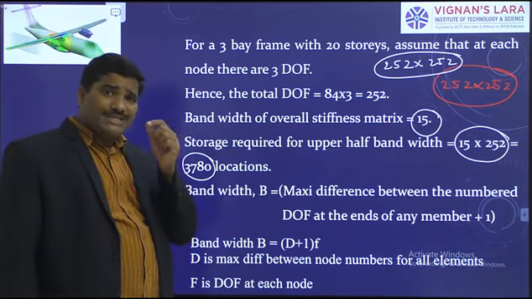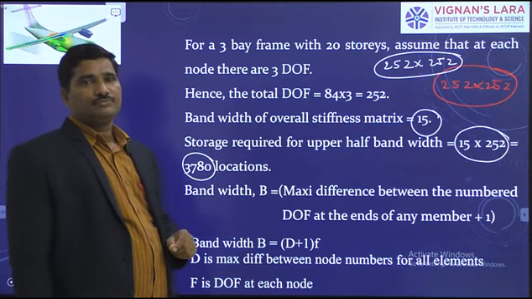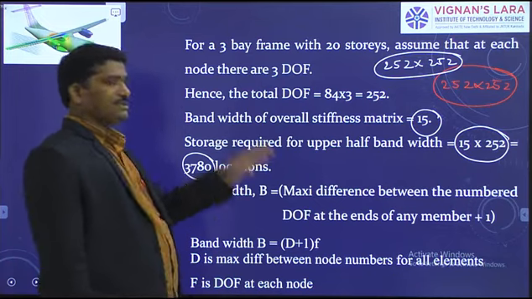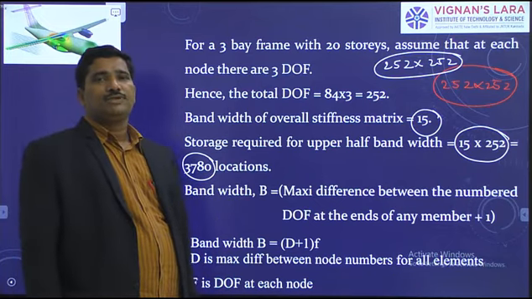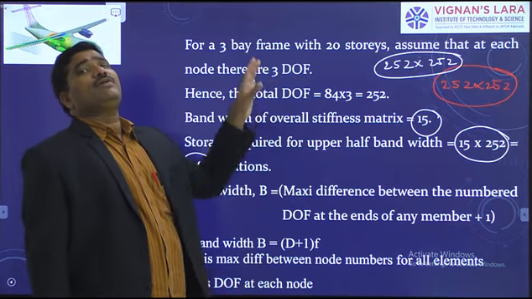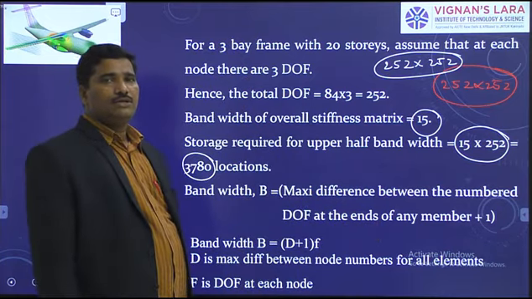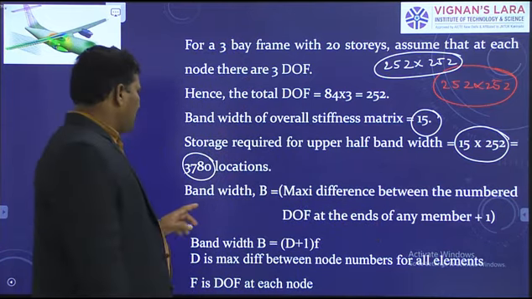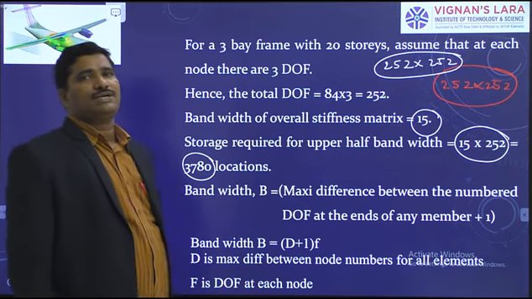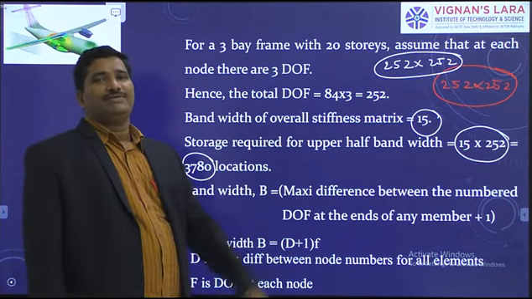You need this storage to store the data. Instead of storing all the elements of the matrix having the size 252 by 252, you can store the elements at 3,780 locations. This is the advantage of half bandwidth.